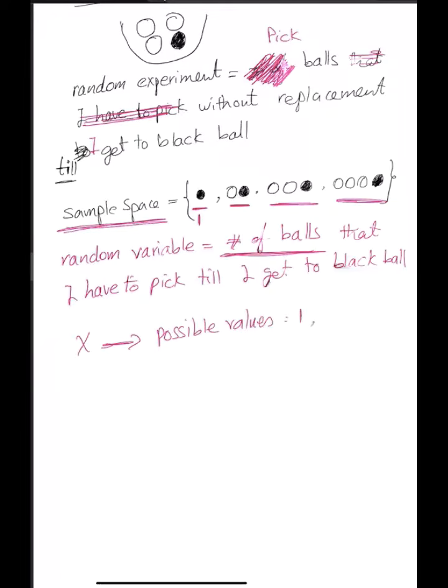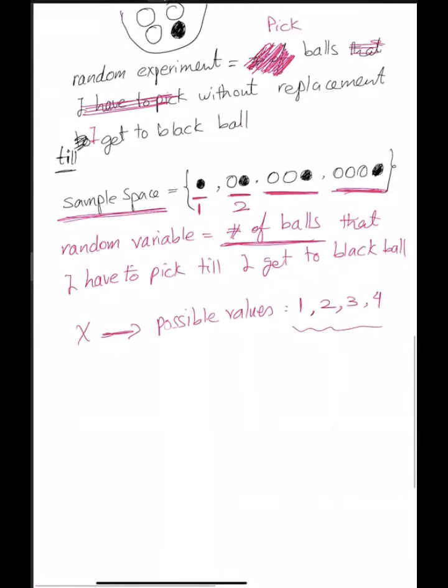In this scenario the possible value is 2, because I have to pick 2 balls till I get to the black one. Here I have to pick 3 balls, and in the last one I have to pick 4 balls till I finally get to the black one. So the possible values that this random variable can take are 1, 2, 3, 4.